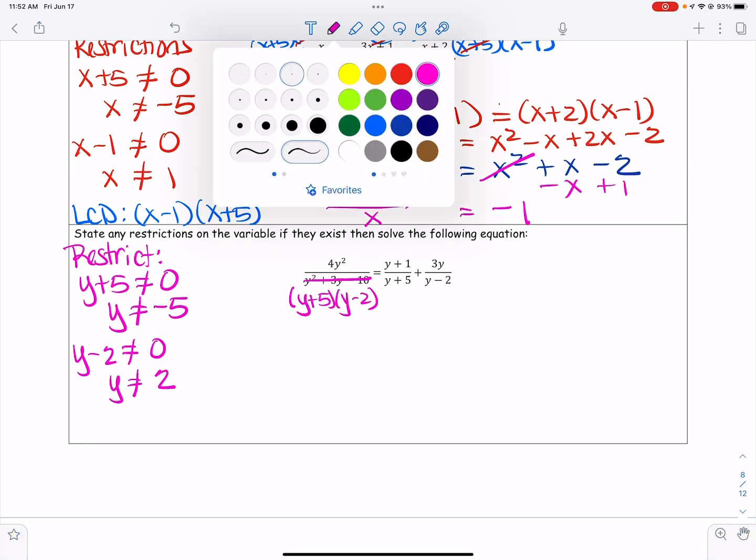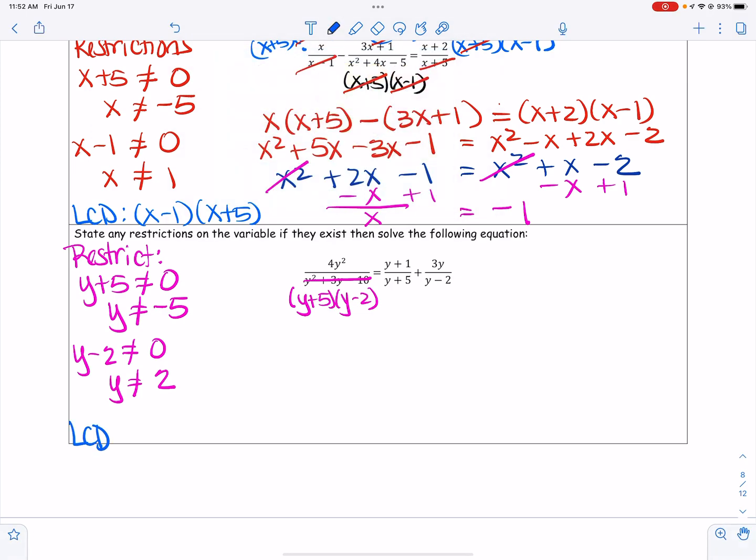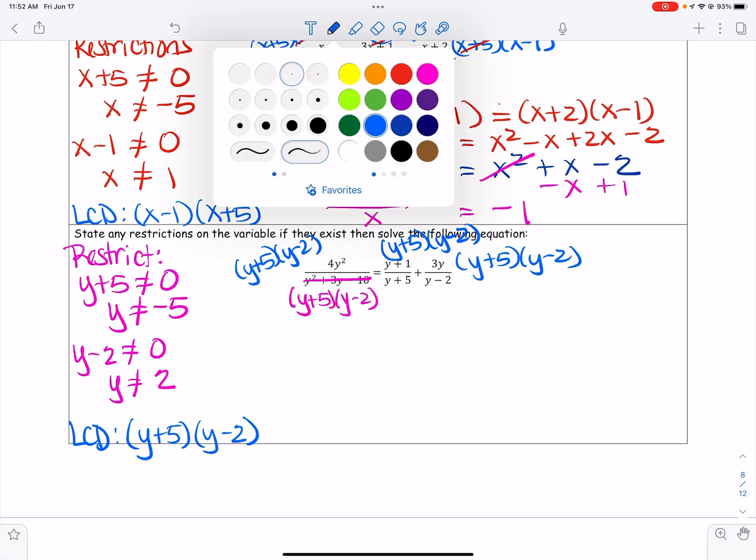My LCD is just going to be y plus 5, y minus 2. So I write that, y plus 5, y minus 2 over each denominator. Get your pen.